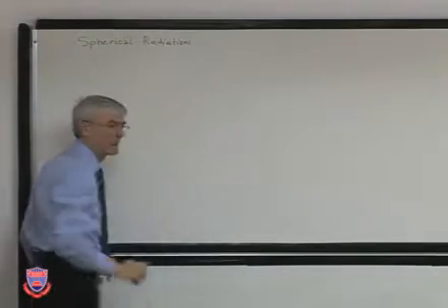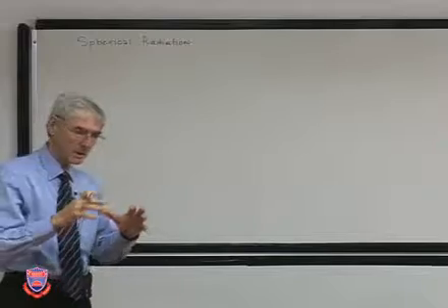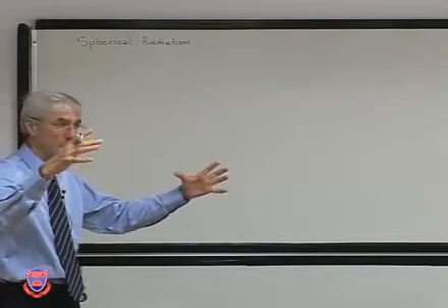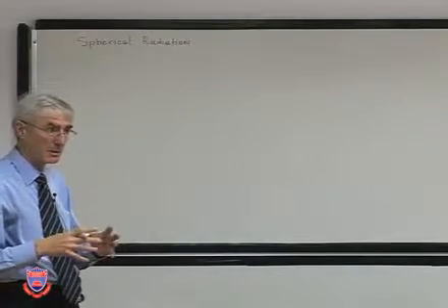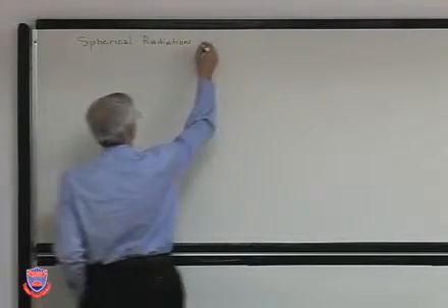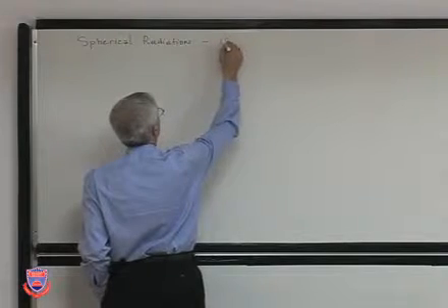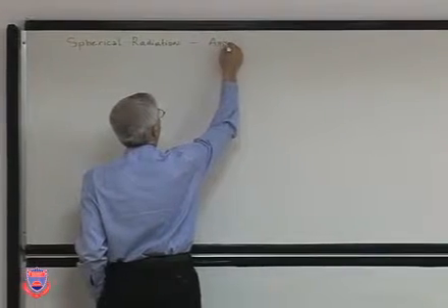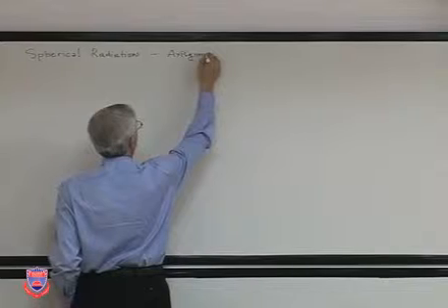When we say radiation, that means it's radiating from a source. It emanates, it goes away from a source. So, spherical radiation. And let's look at the case of axisymmetric source.